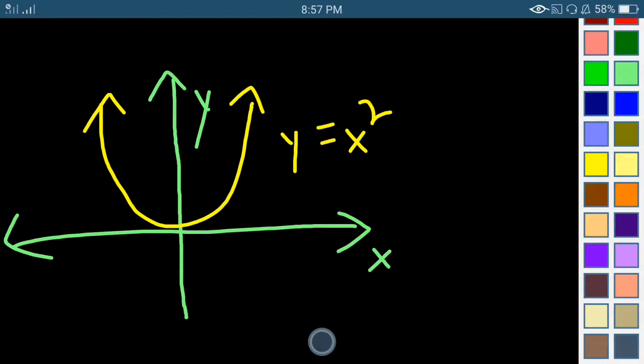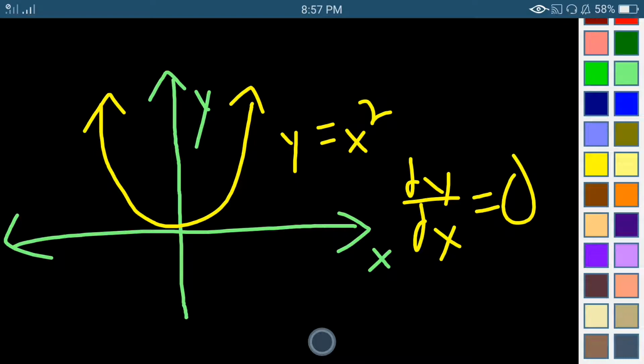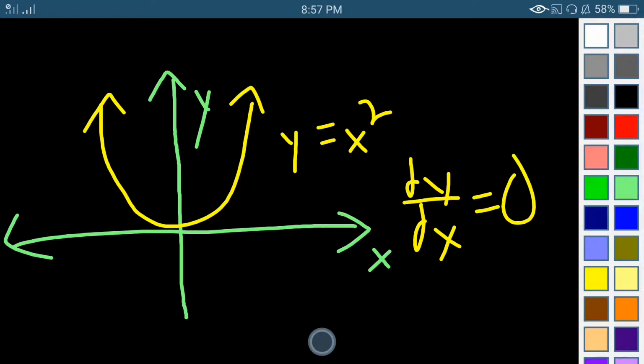The calculus way essentially is to take the derivative of the function and set it to 0 and find where the minimum is, which is here at 0, 0.